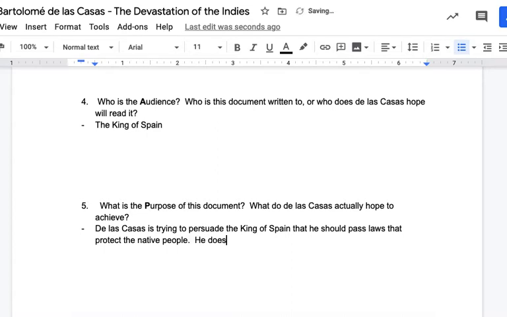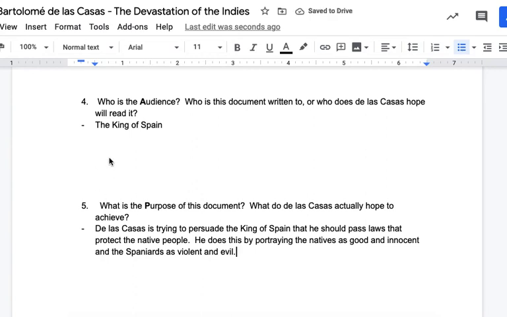He does this by portraying the natives as good and innocent, and the Spaniards as violent and evil. Pretty good. You might not be able to do that yet. We're all going to get there.